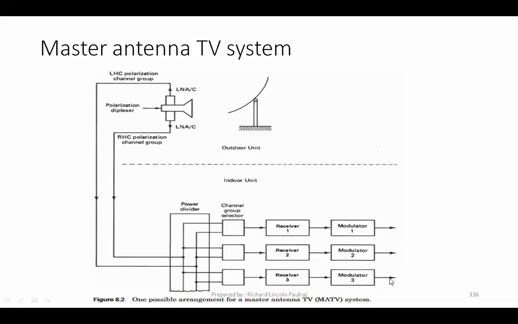So this is your master antenna television system, where it's giving its data, or distributing its data, to various receivers. These antenna systems are to be more powerful, and they can accept the signals and pass them through, and once it passes through, we can connect various receivers here, and different techniques are employed here.